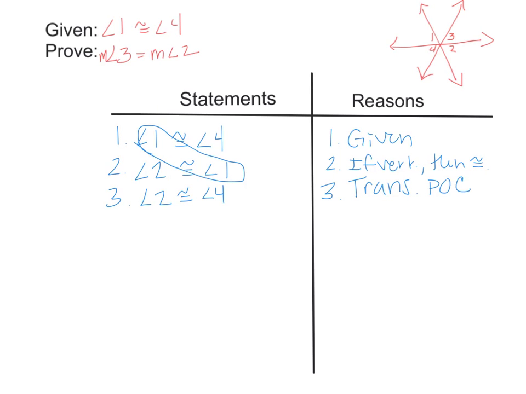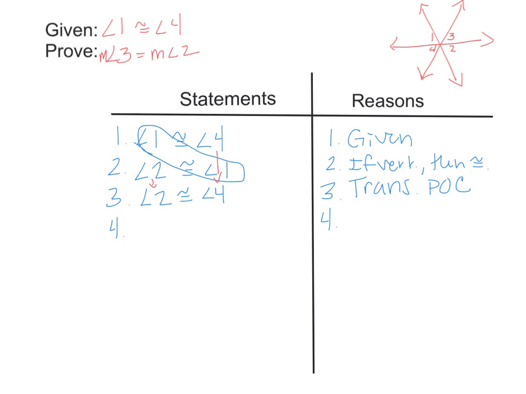Now, if you wrote it the other way, you would just have to use symmetric and then transitive, and it still works. When the 2 is first, because the 2 is in the first position and the 4 is in the second position, you just bring them straight down. Now we've got to get this 3 in here.